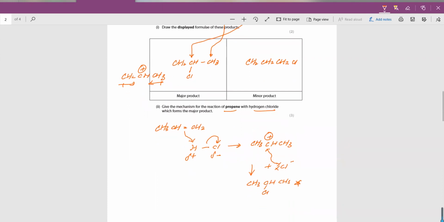This is the carbocation intermediate, and in the enthalpy diagram, it corresponds to the minimum point.